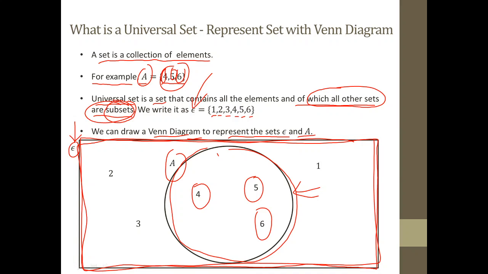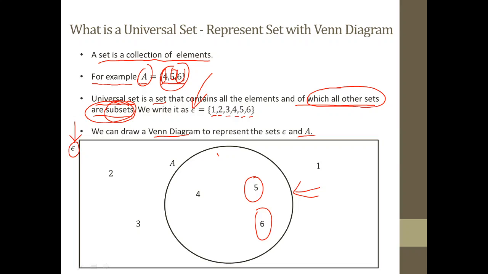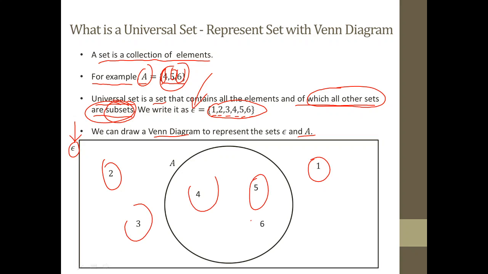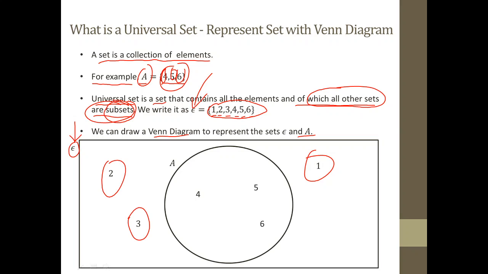So far so good. The universal set contains the elements 1, 2, 3, 4, 5, and 6. Observe that the elements 1, 2, and 3 I put outside set A, outside the circle. Why did I put them outside the circle?